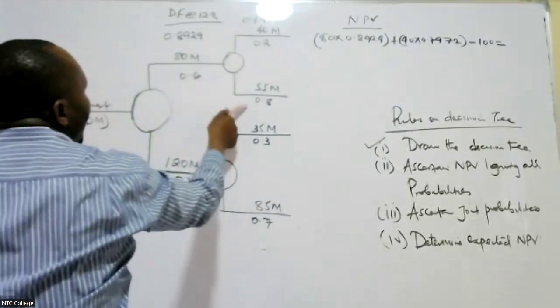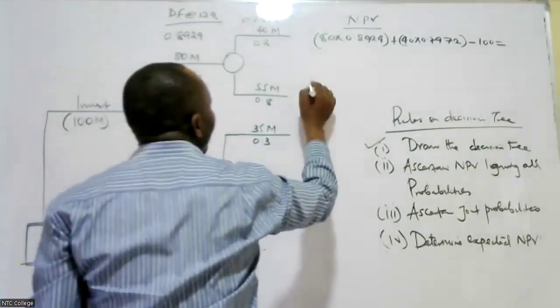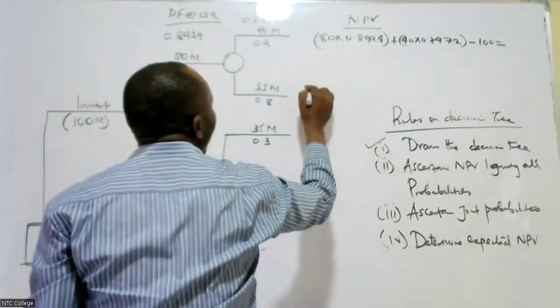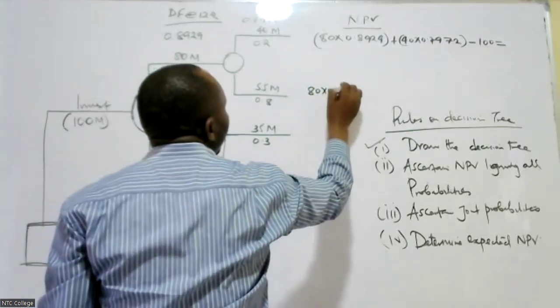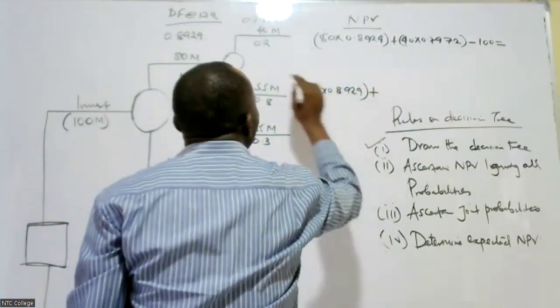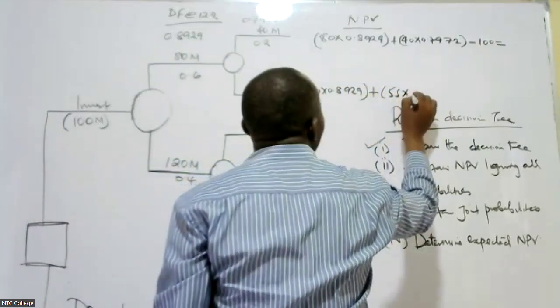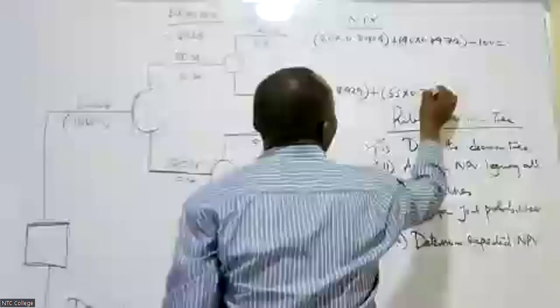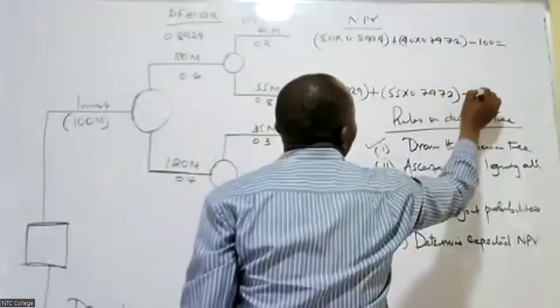You come to this line. This times this plus this times this. Of course, that one we know. 80 is the same, so in this line we shall have 80 times 0.8929 plus this one, now 0.55 times 0.7972, minus 100.